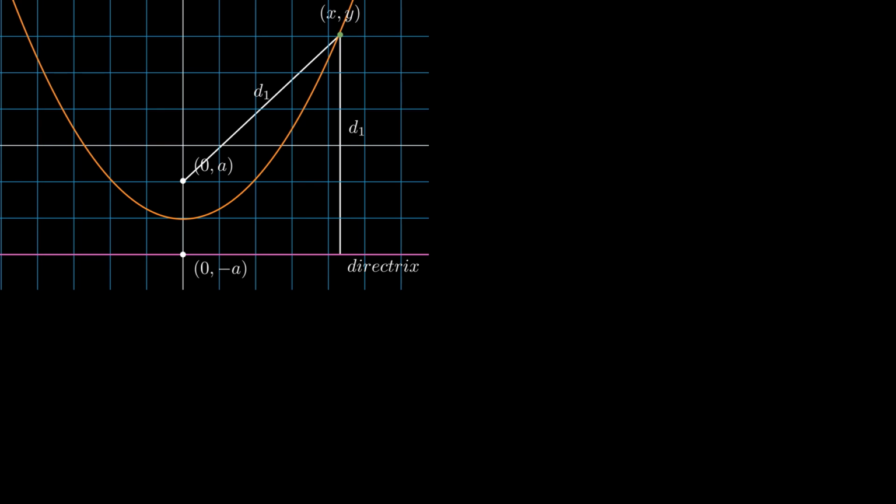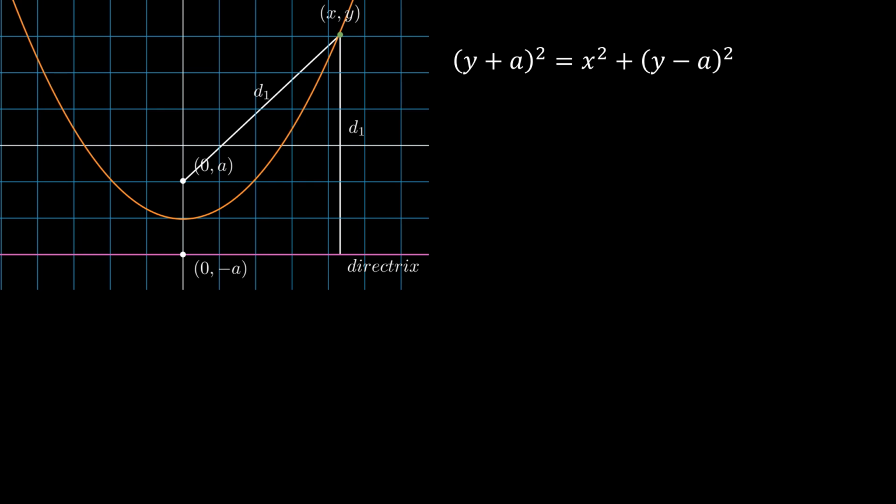So let's look at how we could derive the formula for this parabola. The distance from that point to the directrix is y plus a, because the directrix is at negative a.